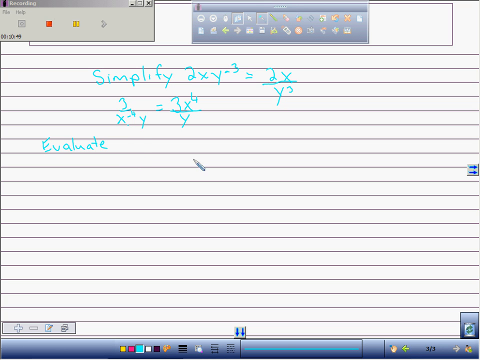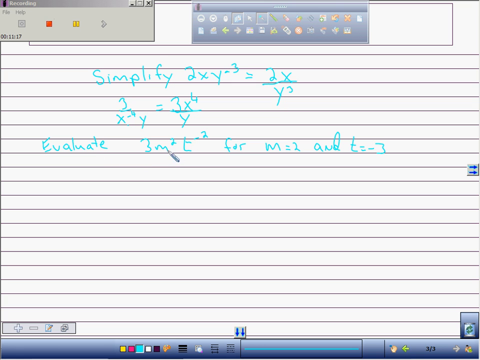So they have 3m squared t to the -2 for m equals 2 and t equals -3. What evaluate means is plug in. So what I would do first is simplify it and then plug in.